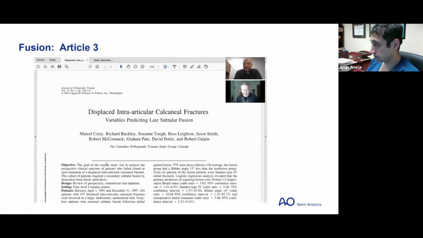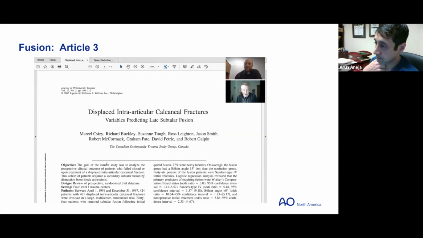Back in the 1990s, we didn't have good evidence that operative care was the way to go with calcaneal fractures. Once we determined that operative care was probably marginally better, especially in some populations, we could proceed with this kind of review of our huge database.